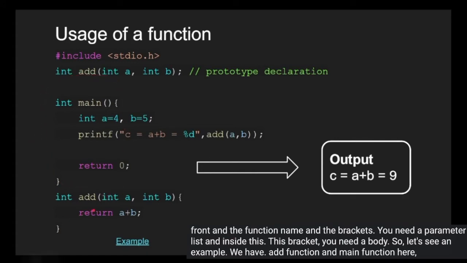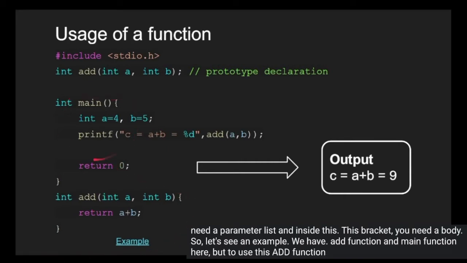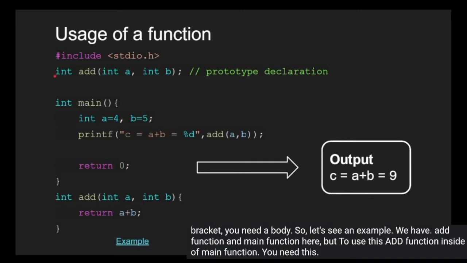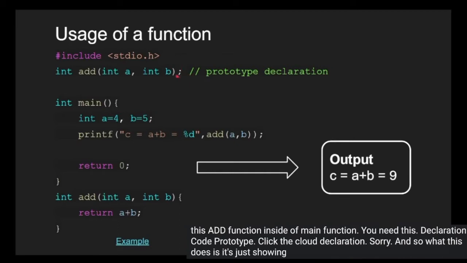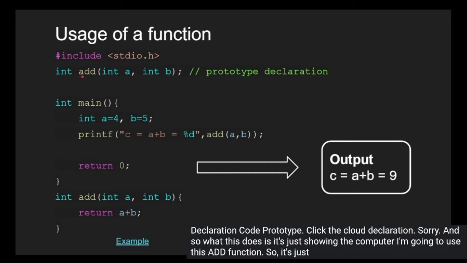But to use this add function inside the main function, you need this prototype declaration. What this does is it's just showing the computer I'm going to use this add function. It's reminding the computer it has an add function inside the program.